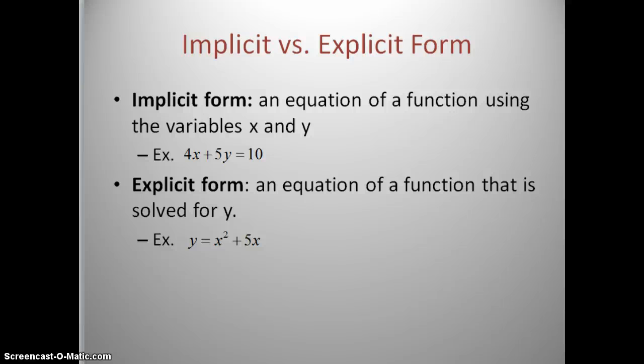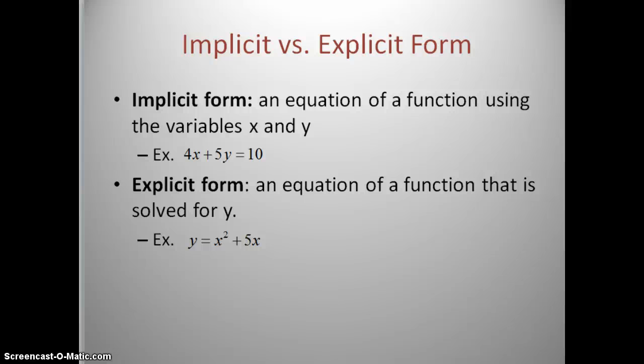Now, quite often we represent functions as equations using the variables x and y. Sometimes other variables are used, but equations are often the way that we represent functions. There are 2 ways that we can represent an equation. The first way is called implicit form.